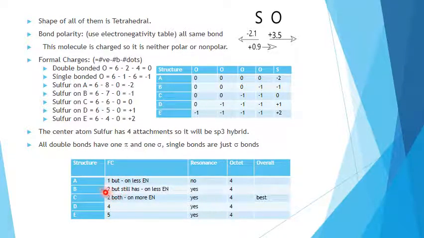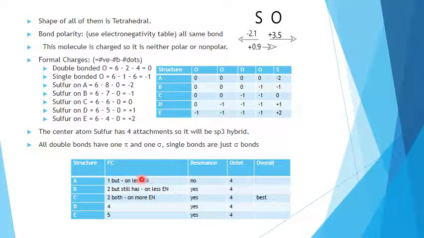A structure only has one formal charge. Number two, and B and C have two, D and E have 4 and 5. So this would tell me that D and E are really not good in terms of formal charge, and they're probably the least acceptable structures because of that.